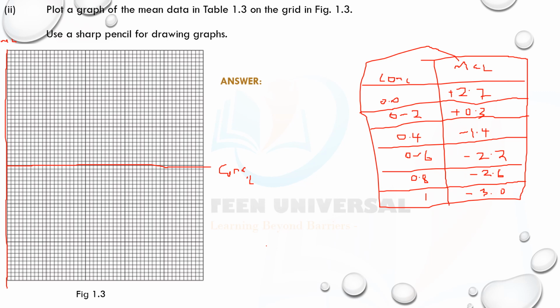For concentration on the x-axis, we say 2 cm is 0.2, then 2 cm is 0.4, then 2 cm is 0.6, then this thick line is 0.8, and the last one is 1.0, which is 1.